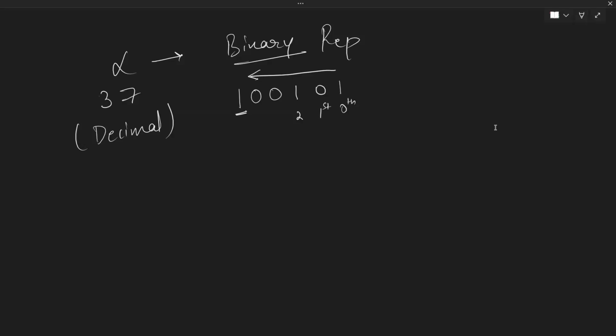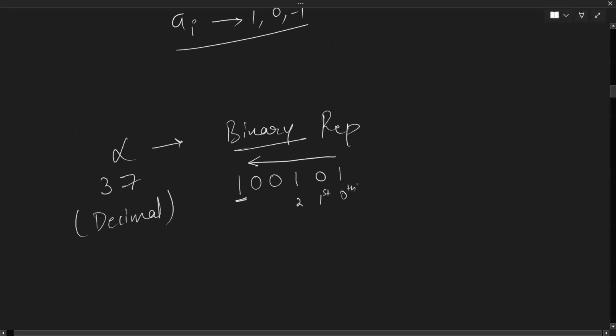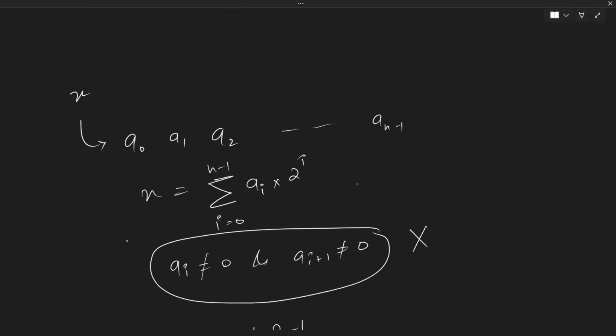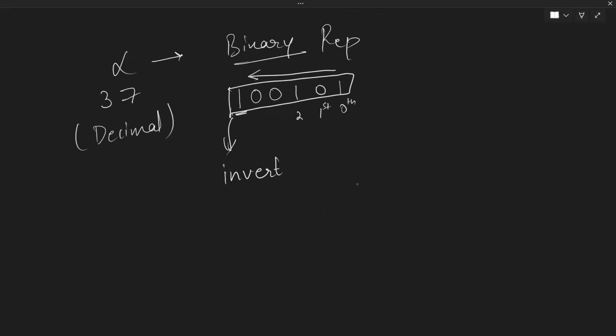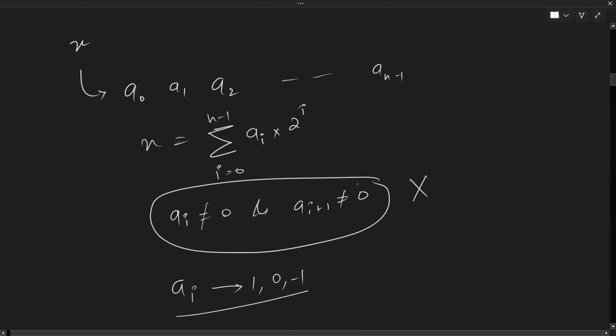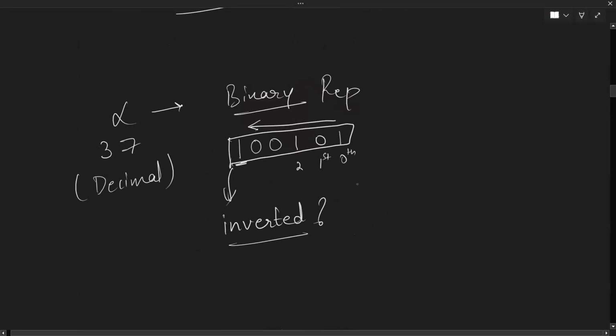Now, if you were given this exact problem, but this condition was not present, then you could have simply printed this thing inverted. Why inverted? Because in the problem statement, a0 is being multiplied by 2 to the power 0. If we write 37 like this, we are multiplying this digit with 2 to the power 0, this one with 2 to the power 1, and this one with 2 to the power 5.